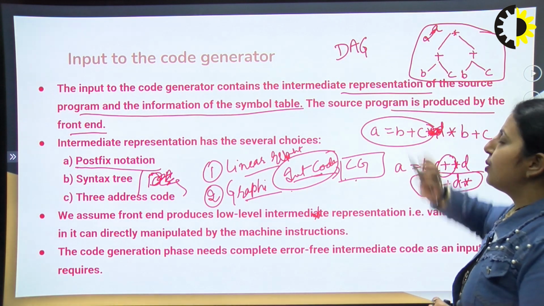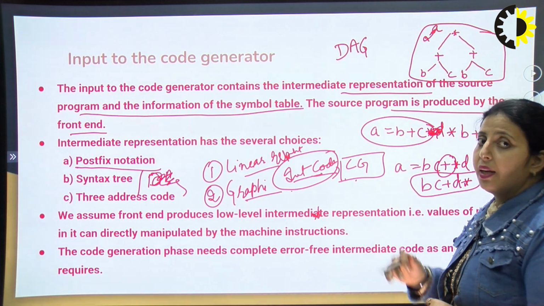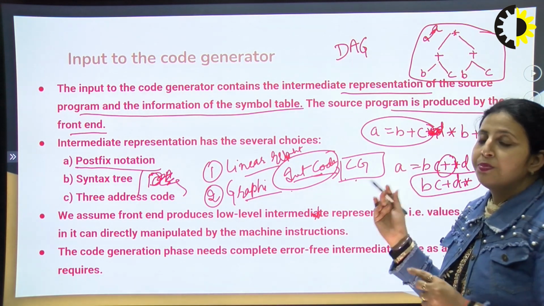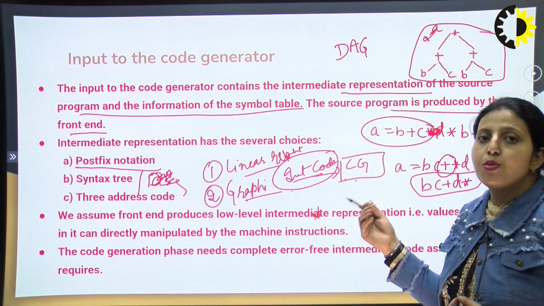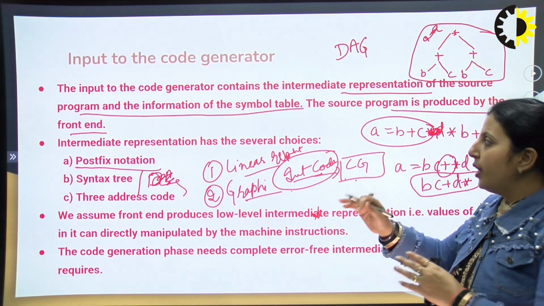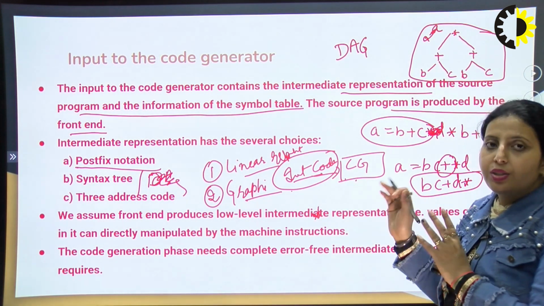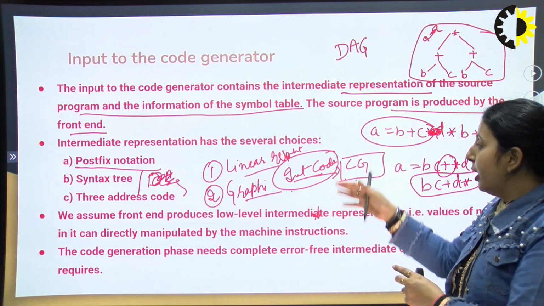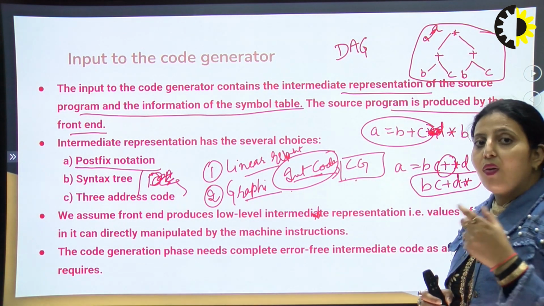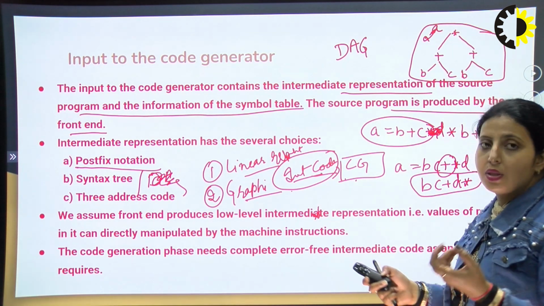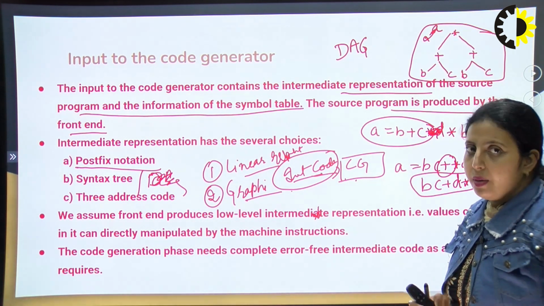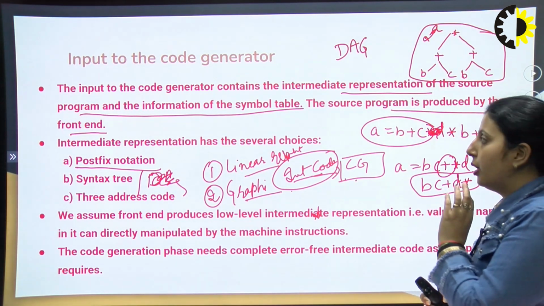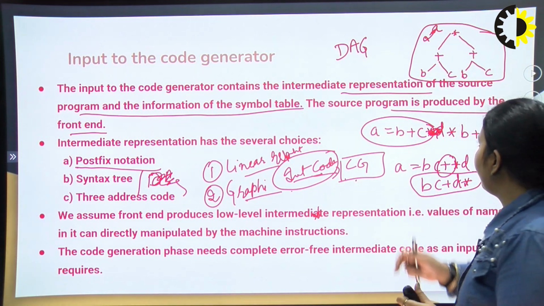And what is the difference between the syntax tree and the DAG? Why are these design issues for the code generator? Because we have to design a code generator according to the requirement, meaning it can take all the inputs, which can be in any of the representations. That's why it is a design issue for the code generator.